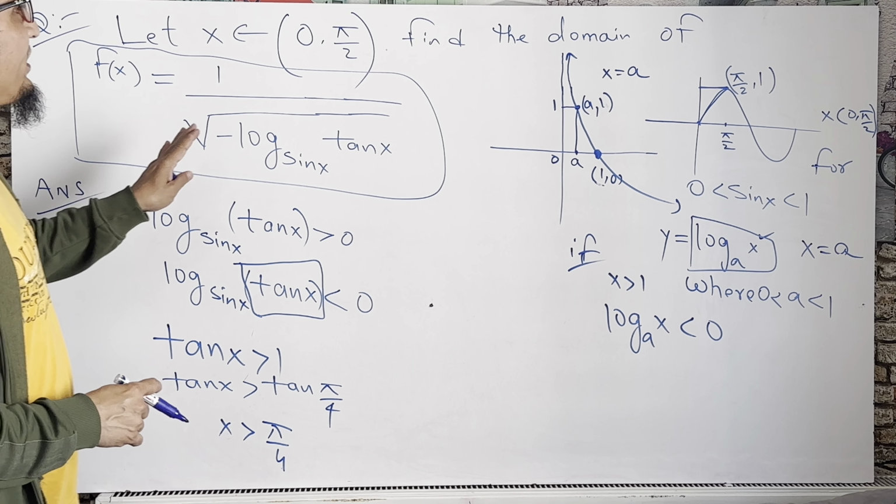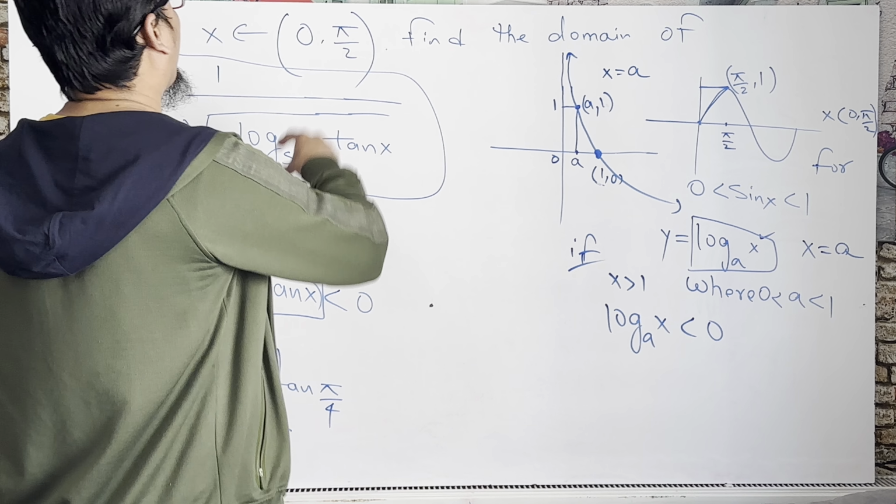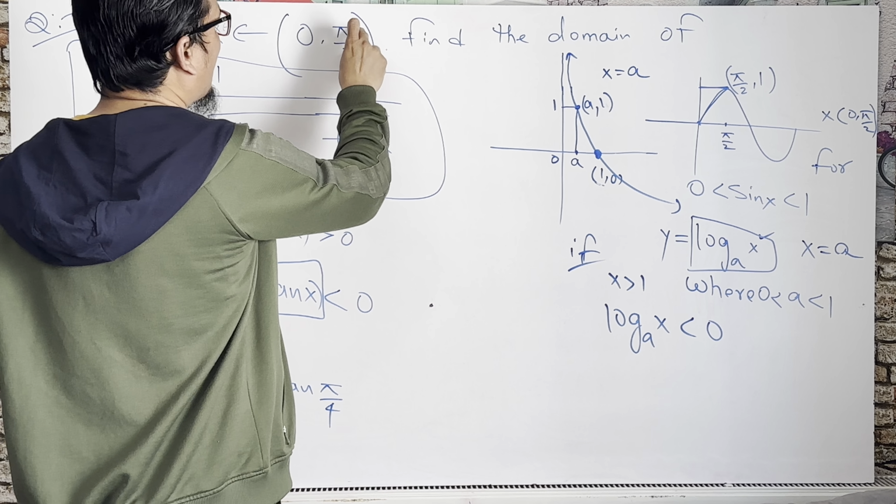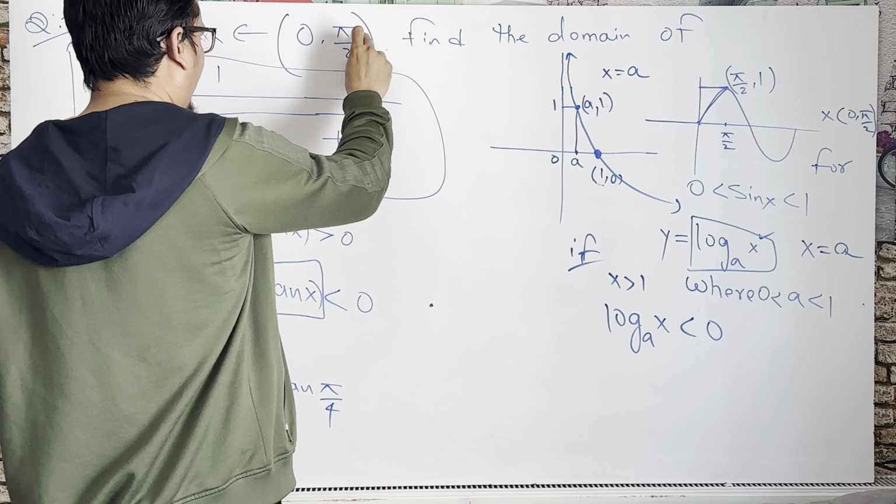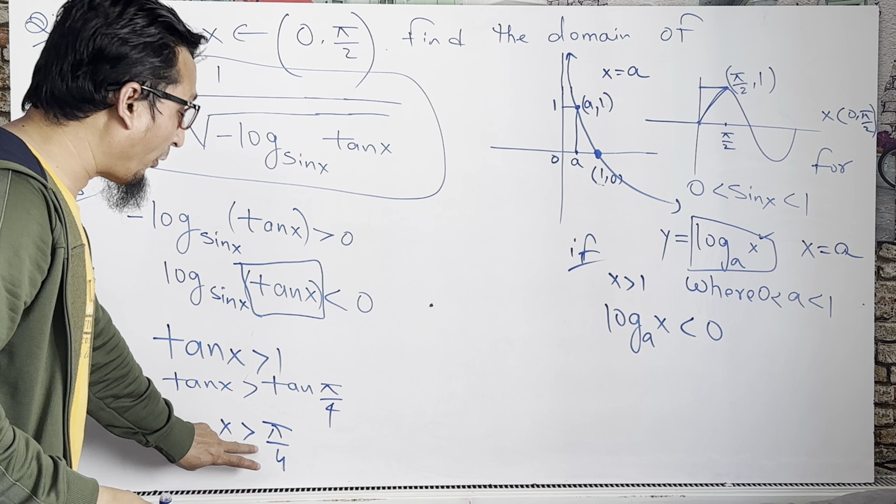But here the restricted domain is already mentioned that the maximum value we must take is pi by 2. Pi by 2 means 90 degrees, and here we have greater than pi by 4.